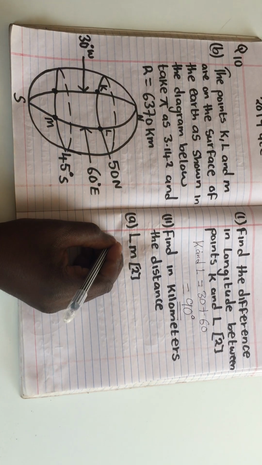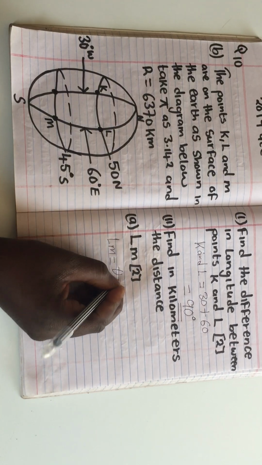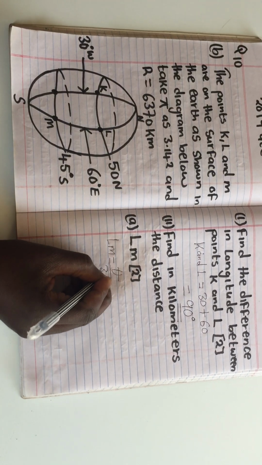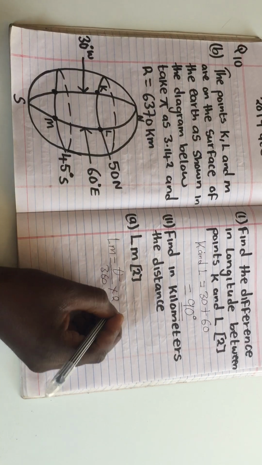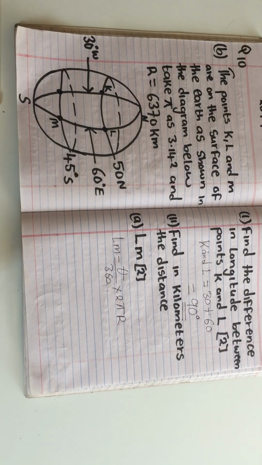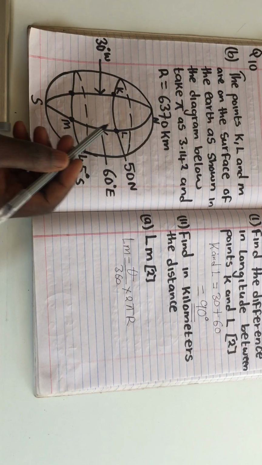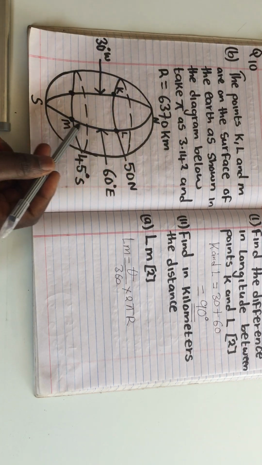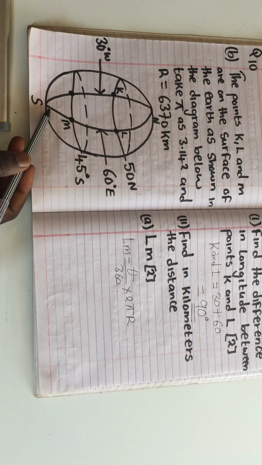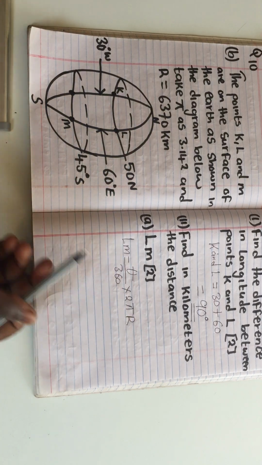So you say LM is equal to theta over 360 times 2 pi r. This is the formula you use once you're calculating distance along the longitude. What do I mean by longitude? This line. As long as it's in this line, this is the formula you use.